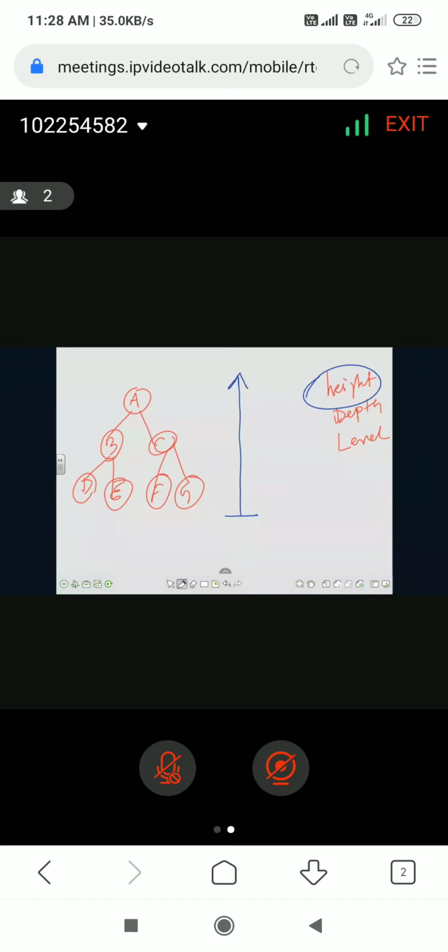Height of the tree is measured from the leaf towards the root.